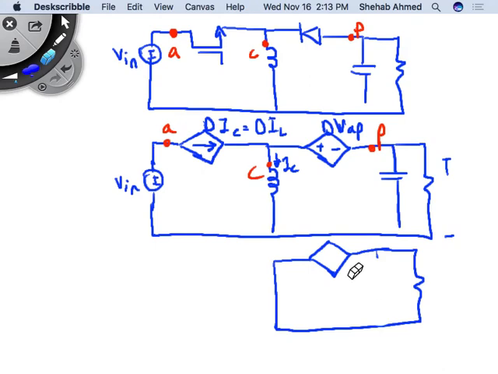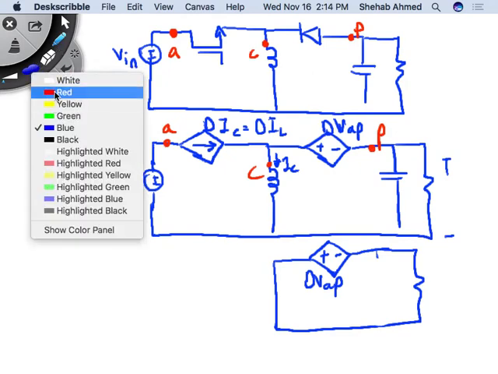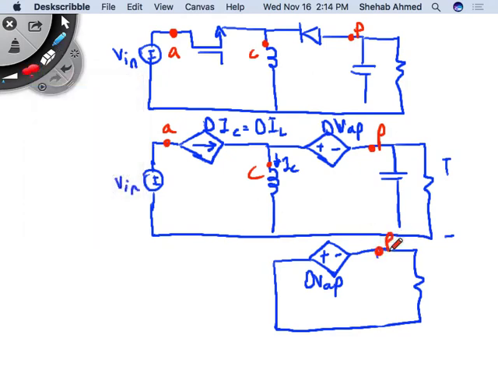I'm doing my steady state solution to figure out if my voltage transfer for my buck boost converter is correct or not. So this is D times VAP, and this is still terminal P, and this is terminal C.